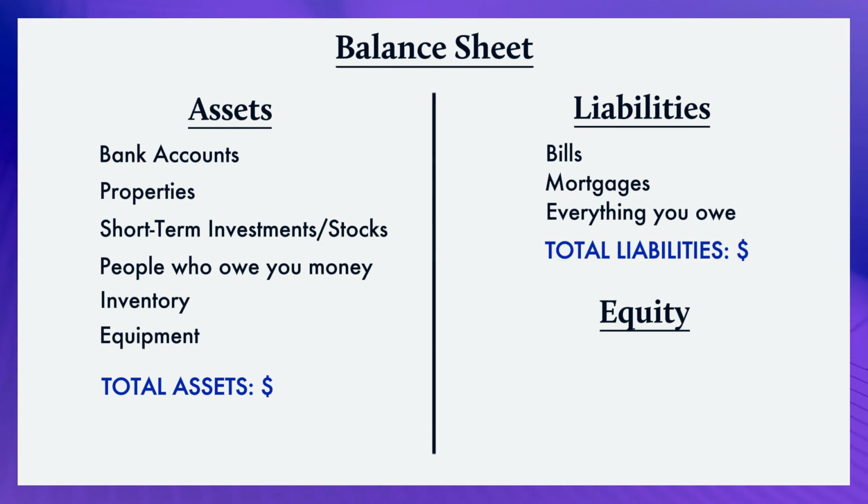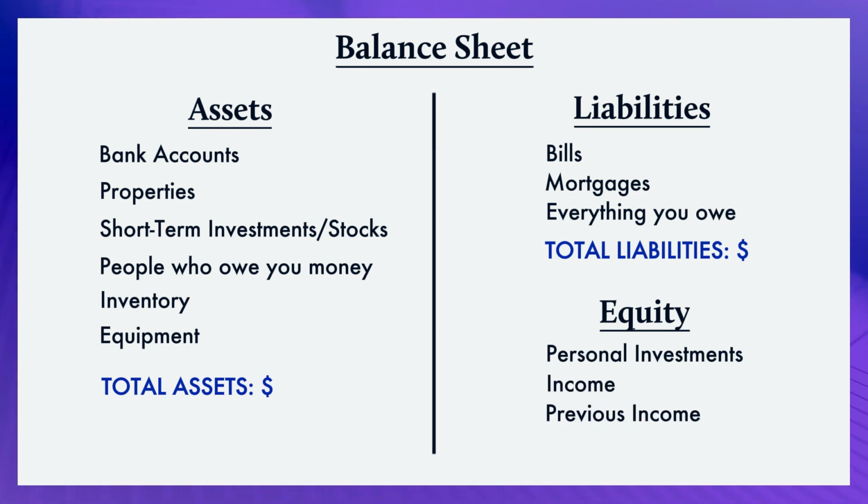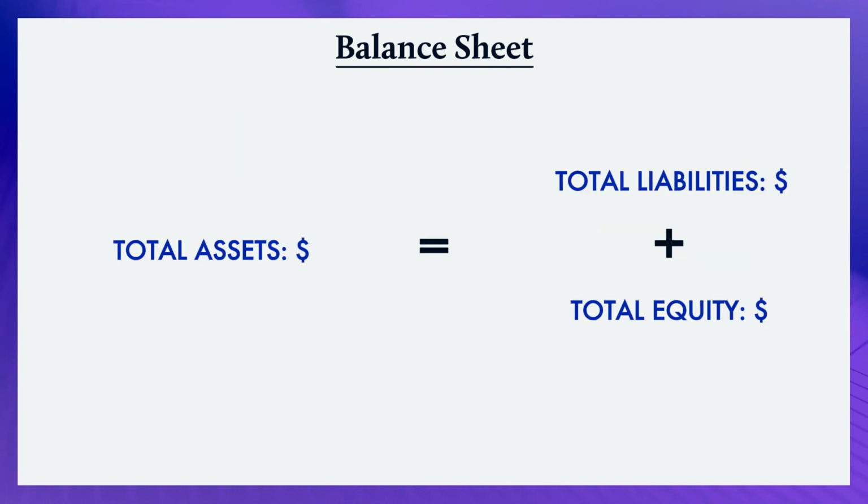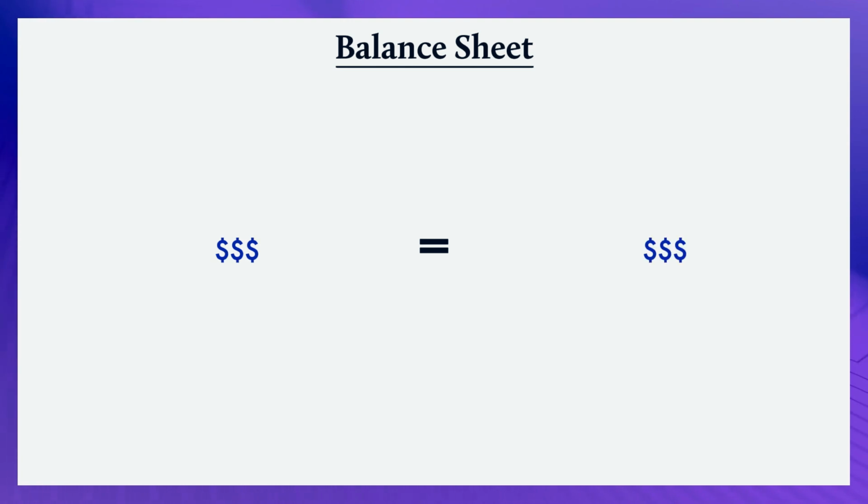They look at how much money you invested personally, how much money you made in income, and how much money you made in income in previous periods, or previous years. Add those things together, you get equity. And you know that it balances when the total liabilities plus the total equity, added together, are the same as the total assets. Then it balances, and therefore it is a balance sheet.